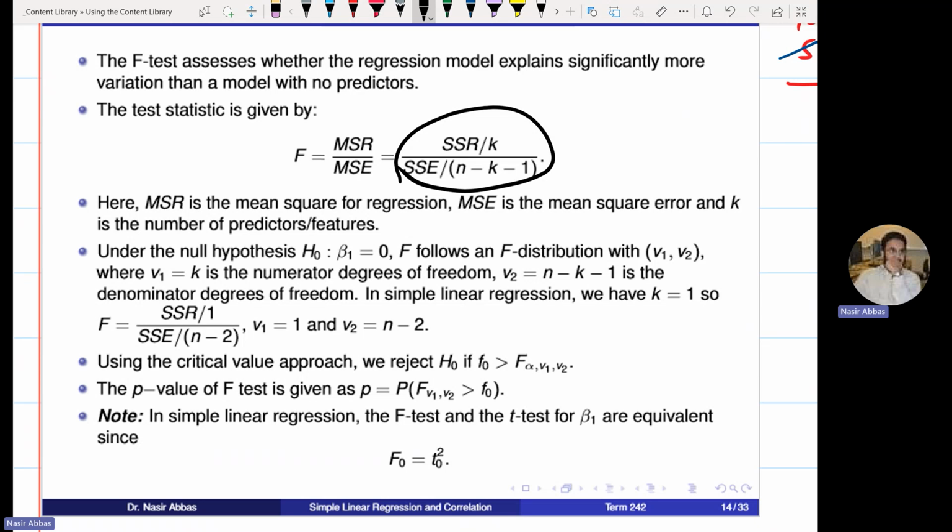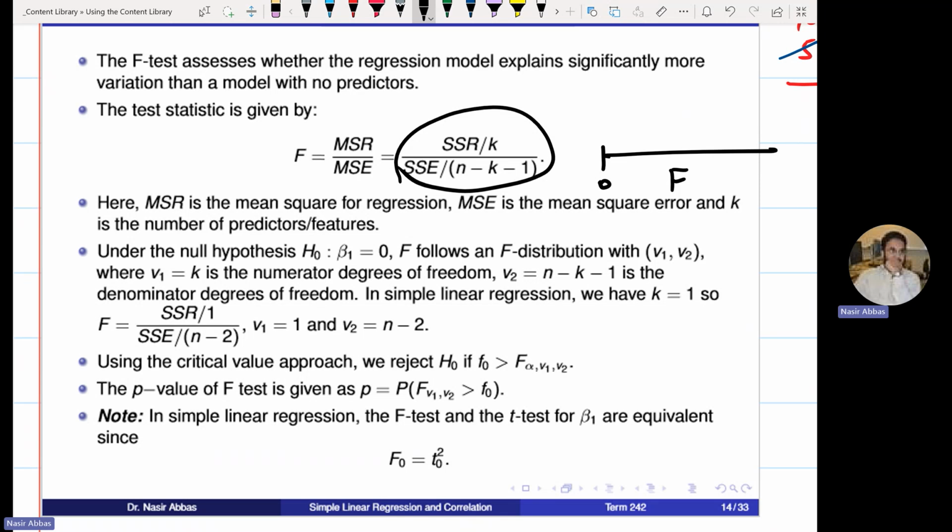Now let's talk about one of the extreme situations where your regression is very bad. If your regression is very bad, what will happen to SSR? It will be approximately 0. And if your regression is very, very good, what happens to error?